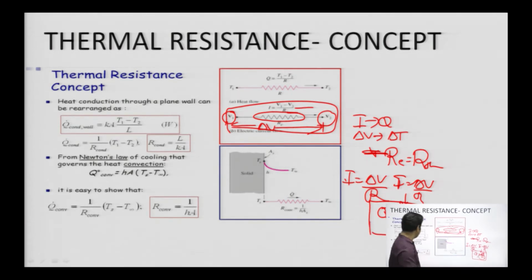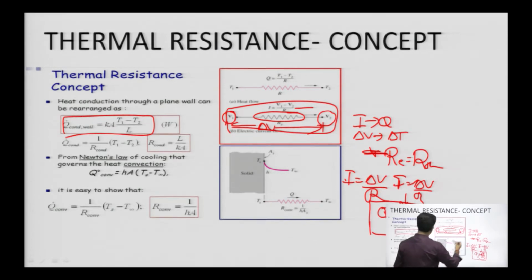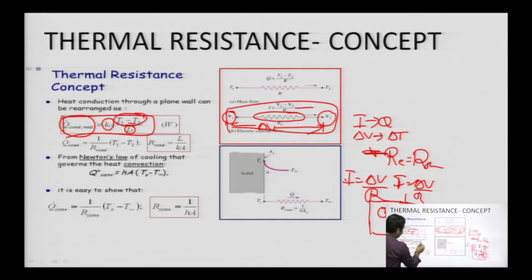If we arrange everything in this format, whatever is left, we will get that value as the resistance. So if we look here, this is the thermal conductivity. This is Fourier's law of conduction. In Fourier's law of conduction, it is kA (T1 minus T2) by L, where T1 minus T2 is the delta T and L is the thickness. If we arrange it in the format delta T by R, then this is delta T, this is Q. So L by kA remaining will be the resistance.